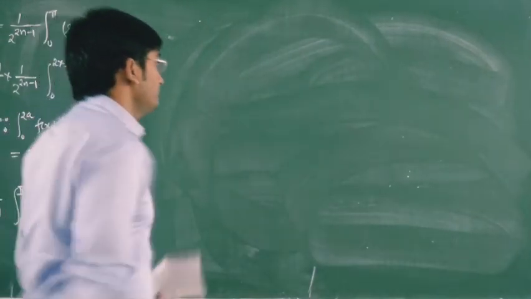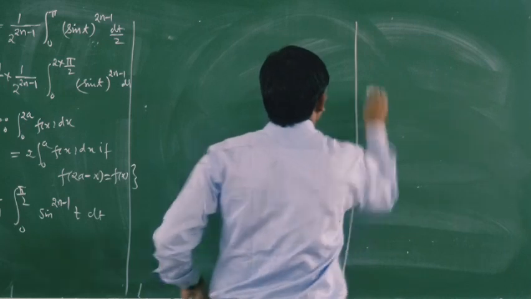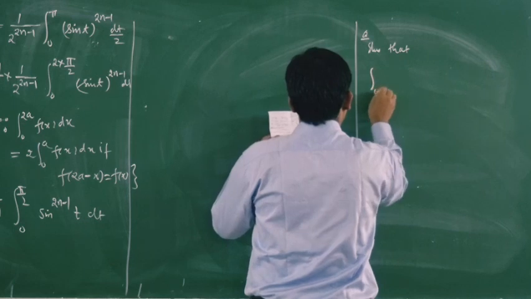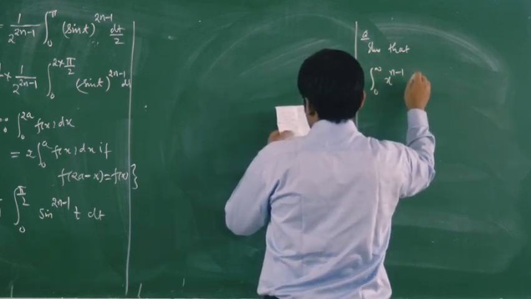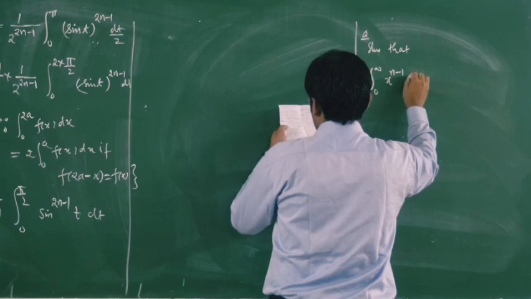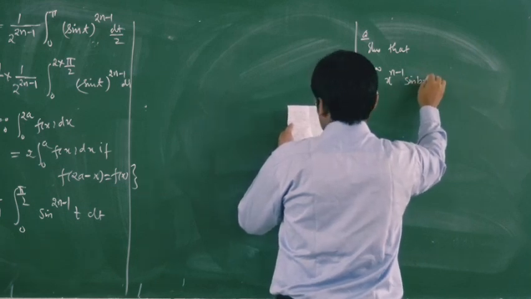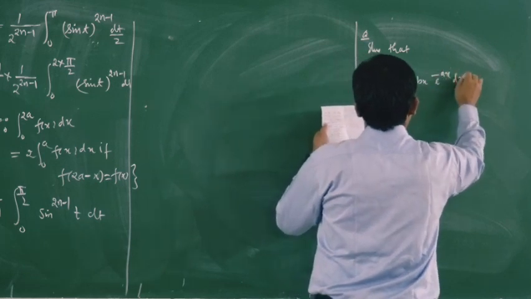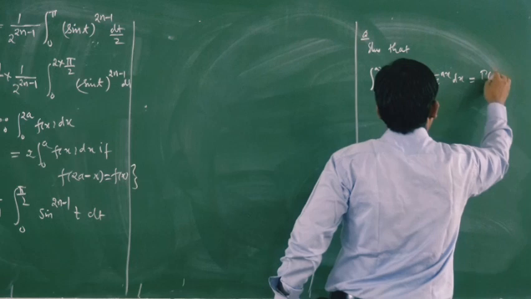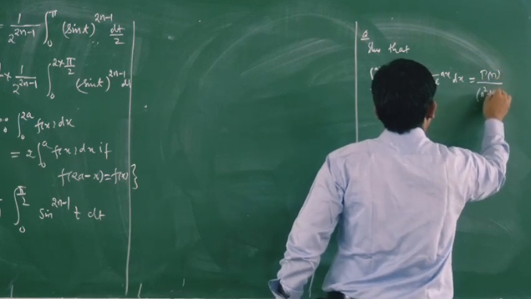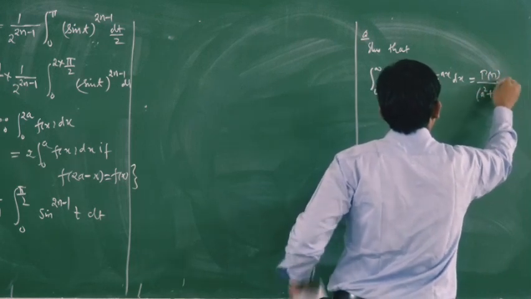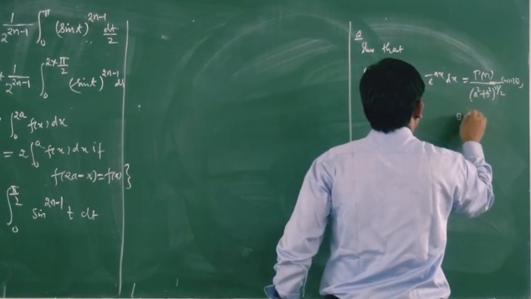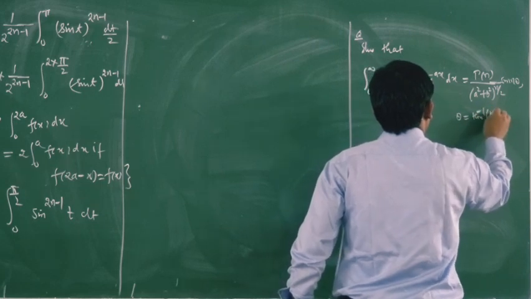Now show that the integral 0 to infinity of x power n minus 1 into sine bx into e power minus ax dx is equal to gamma n upon a square plus b square whole power n by 2, then sine n theta, where your theta will be tan inverse b upon a.